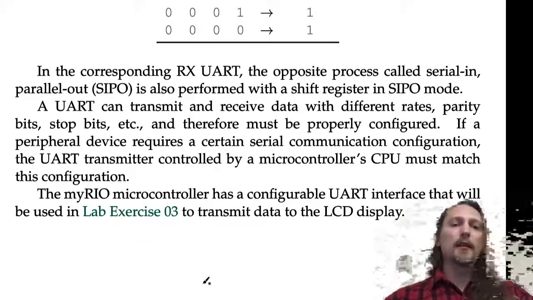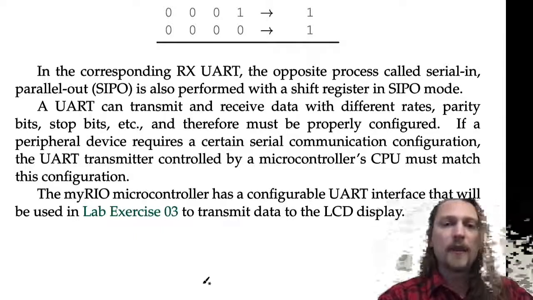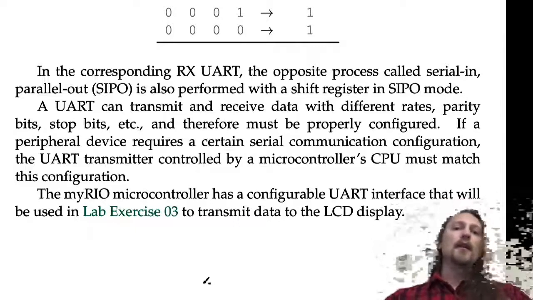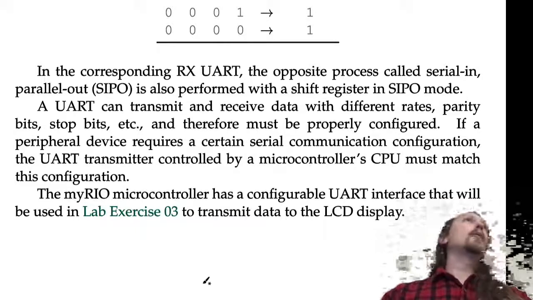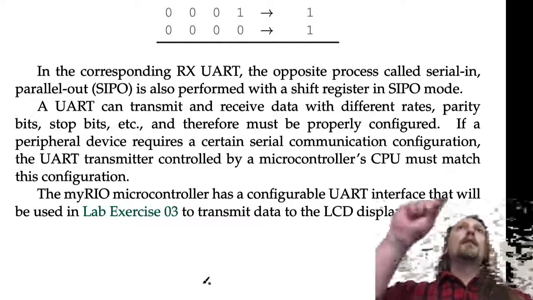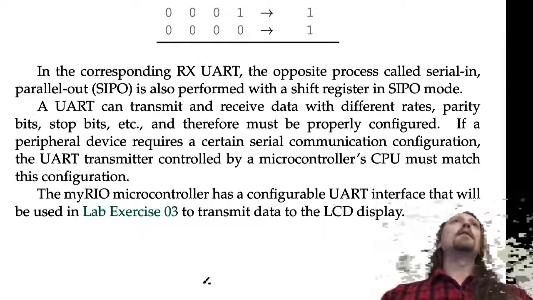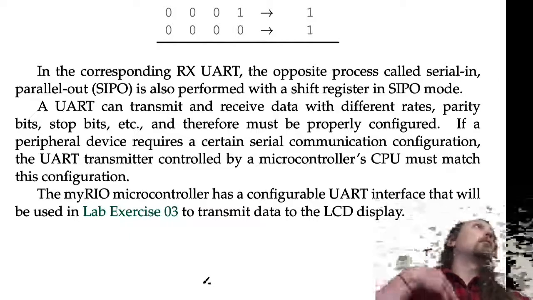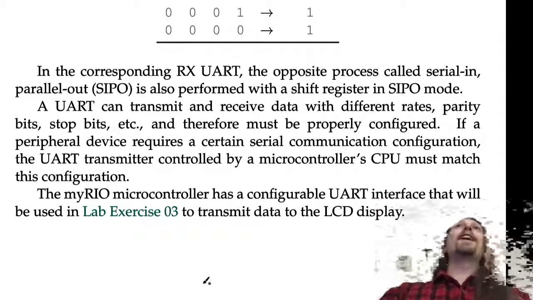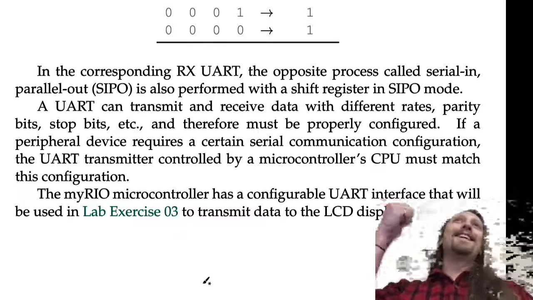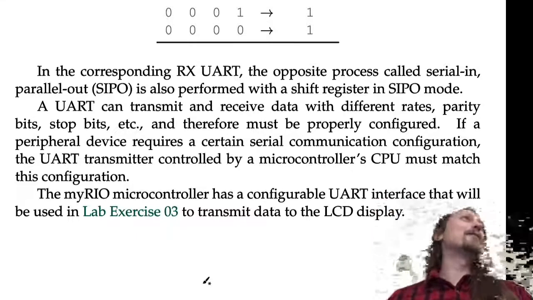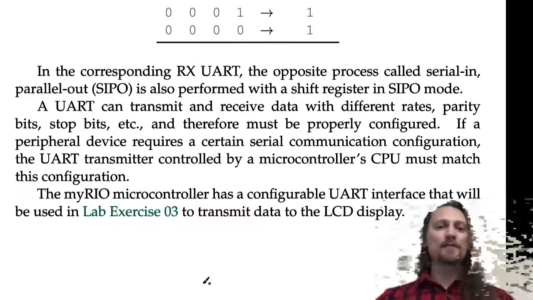So for us, the myRIO microcontroller has a configurable UART interface that will be used in lab exercise 3 to transmit data to the LCD display, and I'll give you guys the proper rates and everything for configuring it to set it up. So that when you see it, it's not just falling from the sky. You know what a UART is, you know why we have to tell it what the baud rate is, etc. So that was kind of the motivation there.